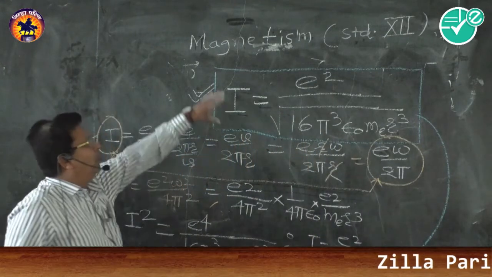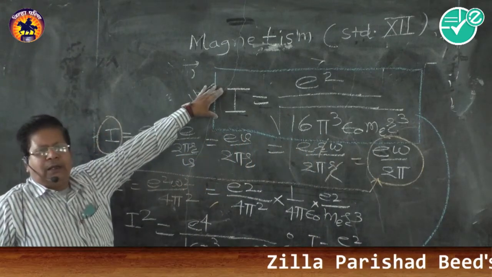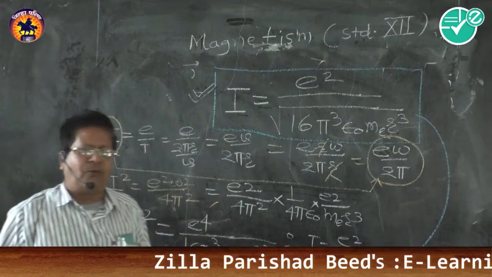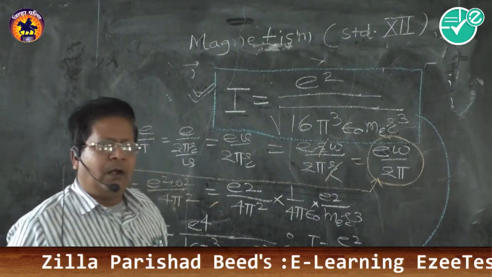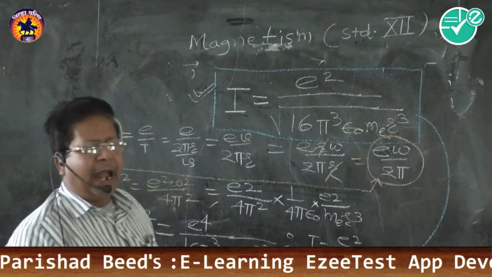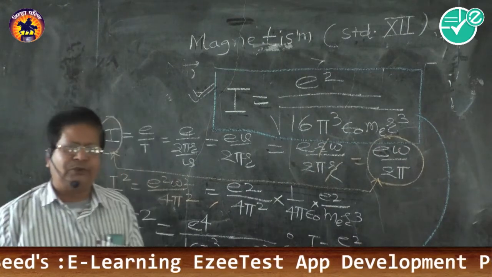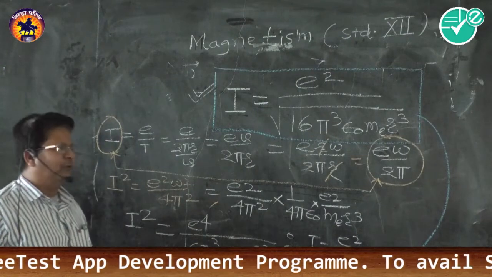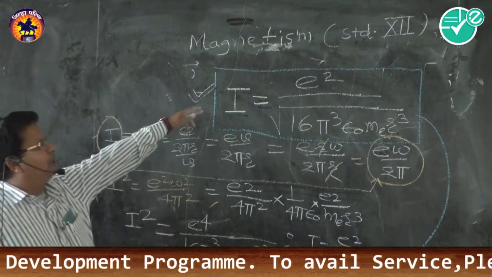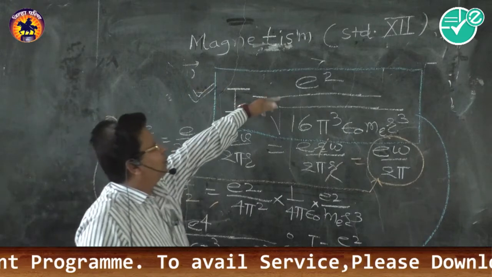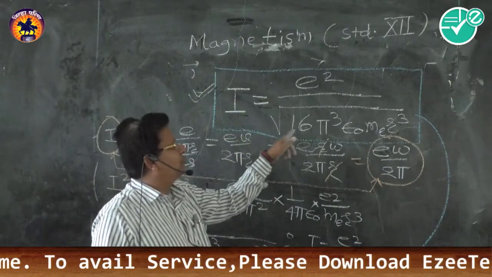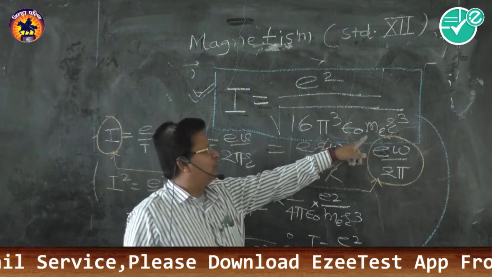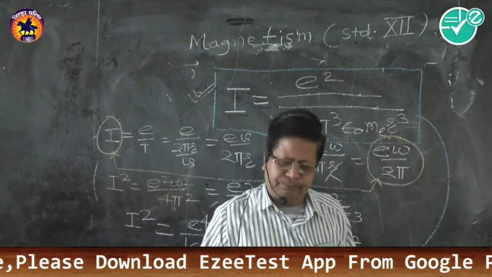So to show this value, we have to first of all find out the value of omega square, and that value of omega square is substituted in the equation for current, and then we get the value of current, which is I equal to e square divided by under root 16 pi cube epsilon 0 m e r cube.